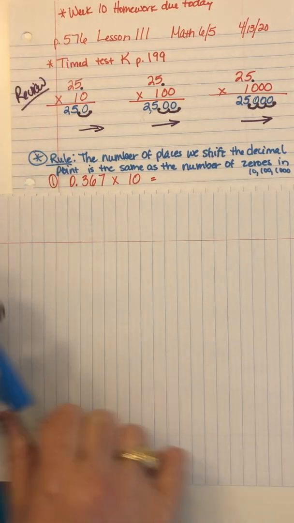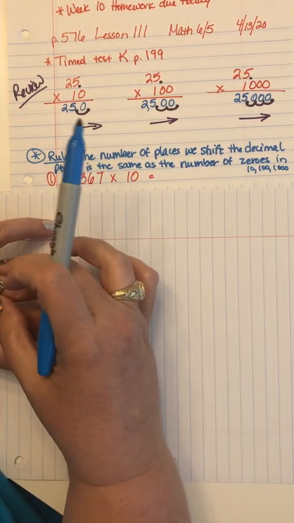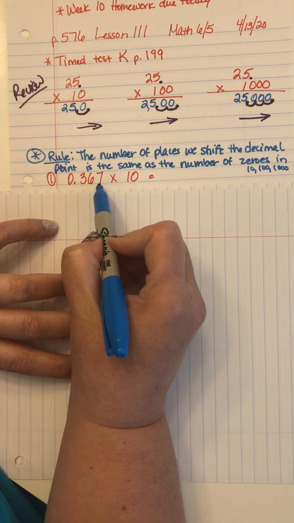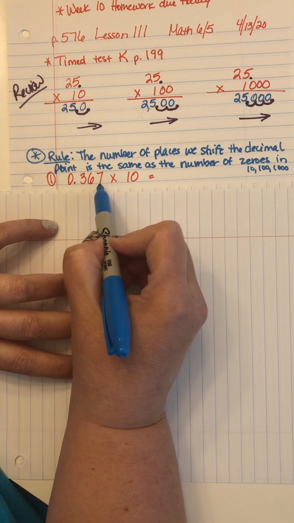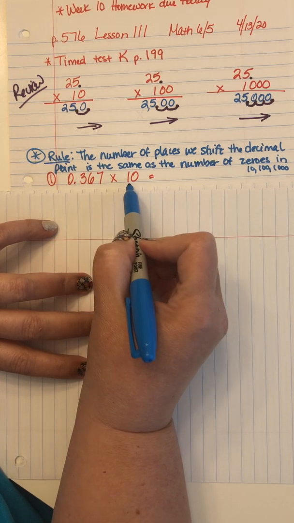So our first problem we look at, if we read this problem in words, which we should always practice, we read this whole word together, 367, and then we read the place value that it lands in, which is the thousandths. So this number is 367 thousandths times 10.